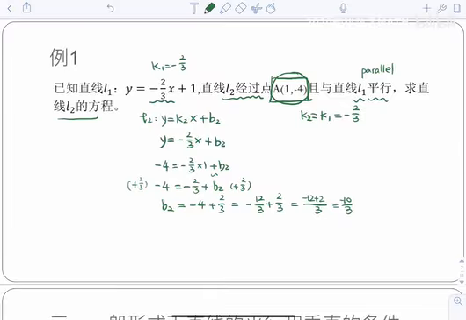So we can get the equation of L2: y equals minus 2/3 x minus 10/3. So this is the equation of L2.